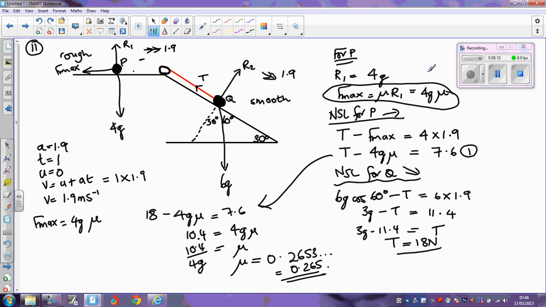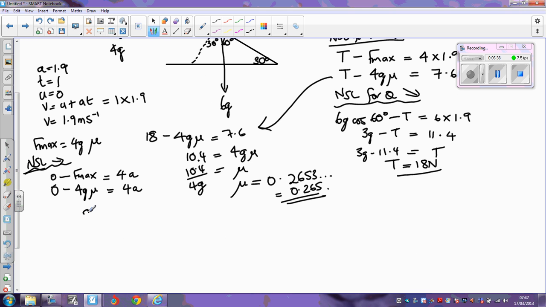So Newton's second law on P to the right, because that's the direction the acceleration is going to take place in. We've got nothing acting to the right, so it's literally just 0 minus the F max, which is slowing it down, equals the mass of P, which is 4, multiplied by its acceleration. So 0 minus 4g mu equals 4a. Then a equals minus 4g mu, which is F max, divided by 4.